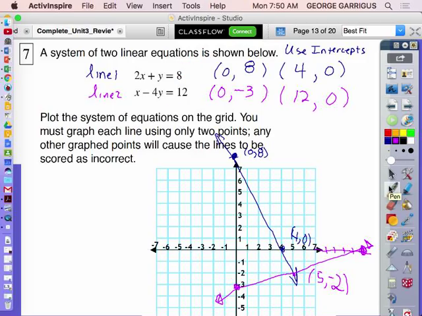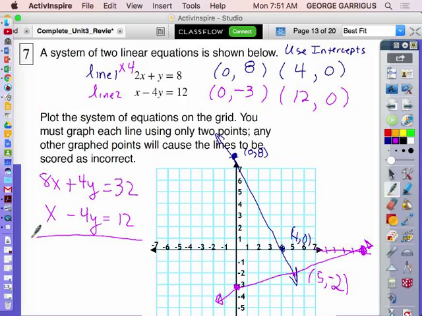elimination really fast. If I multiply line 1 times 4, I get 8x plus 4y equals 8 times 4 is 32, and x minus 4y equals 12.